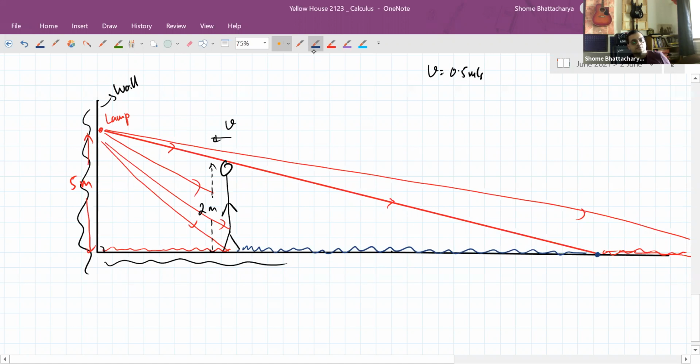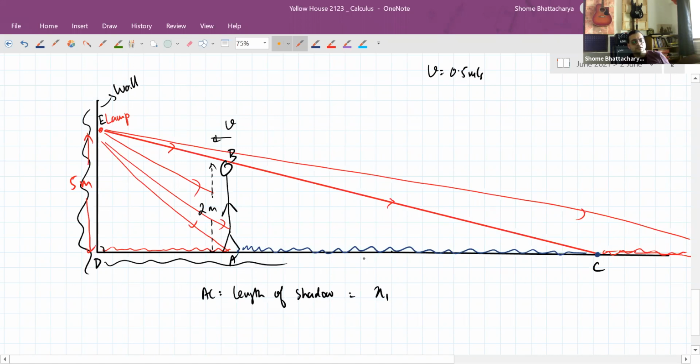Let's say I take the person as EB, take this point as C, and I take the position of the lamp as E and the base on the floor as B. So you can see that EC over here is the length of the shadow. Let's take that as x1, because that's a variable quantity.